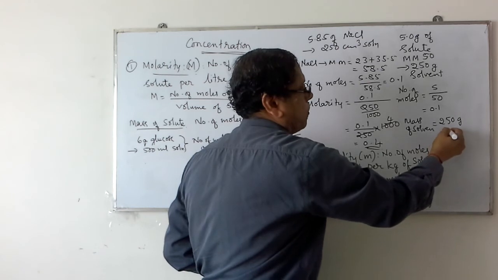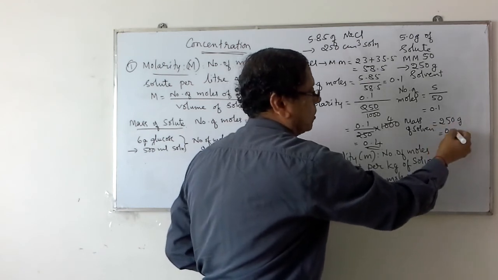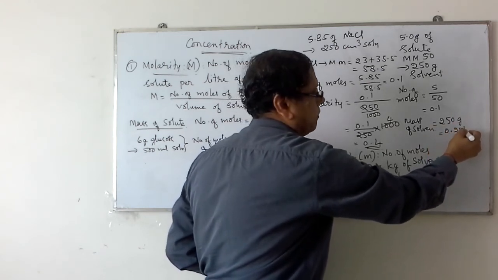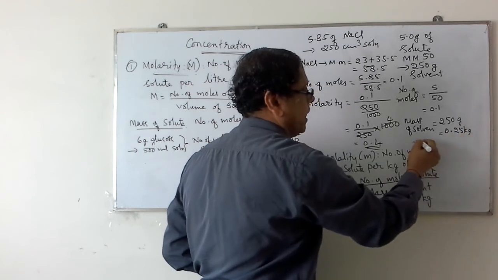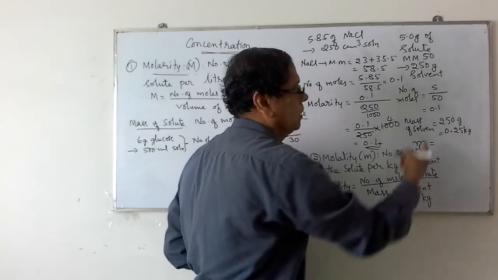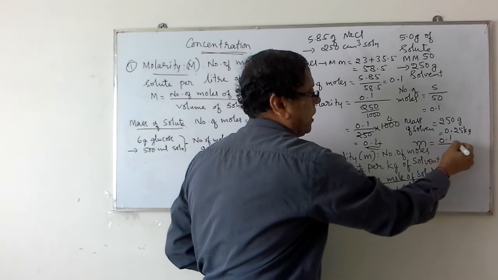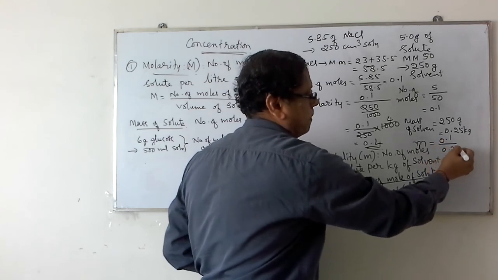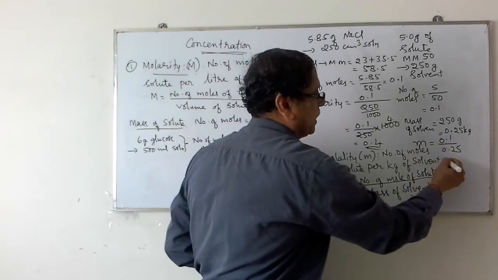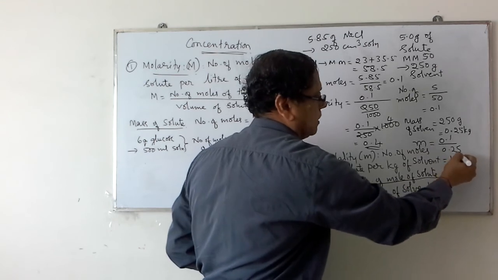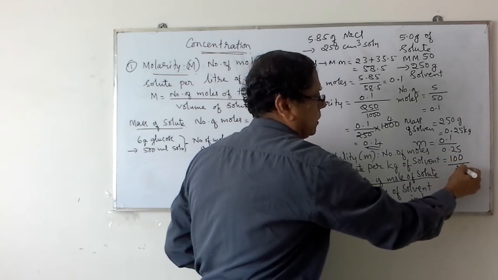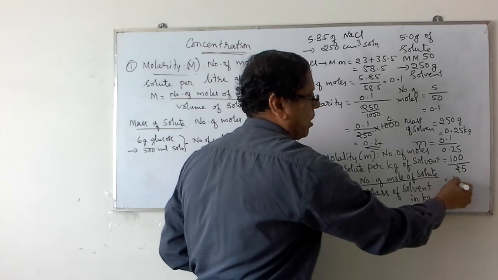It is nothing but equal to 0.25 kg. Therefore, molality of the solution m is equal to 0.1 divided by 0.25. So it can be written as, just taking the decimal points, 100 by 25, it is 4 molal solution.